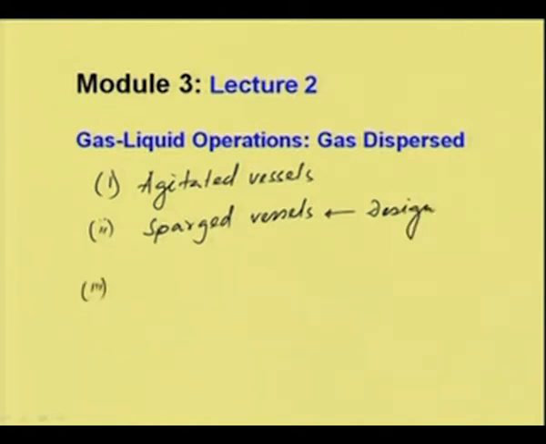And the third equipment under gas dispersed conditions, we will discuss, is the tray column, tray or plate column. A tray column basically consists of two parts.